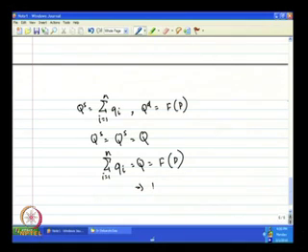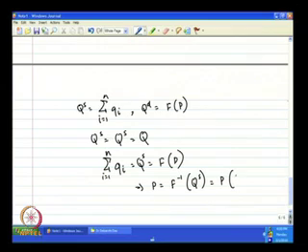And which means that P must be equal to, we can write it QS also, and this is what we have denoted as P.